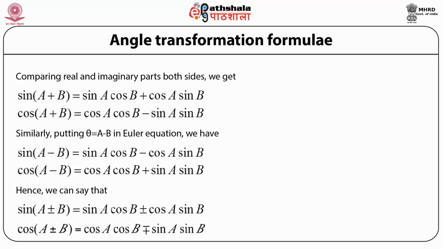So A plus B will give the two terms getting added, sin A cos B plus cos A sin B. If it was sine of A minus B, it's going to give sin A cos B minus cos A sin B. And the other thing we have to remember about any sine function is that it will always come with a cos function, so the product will have both cos and sine.